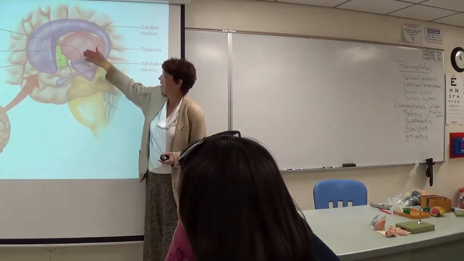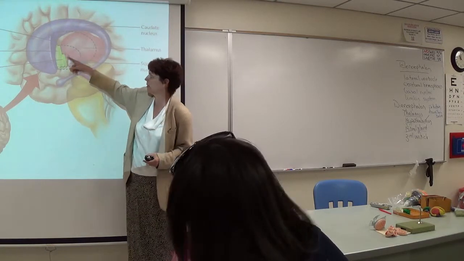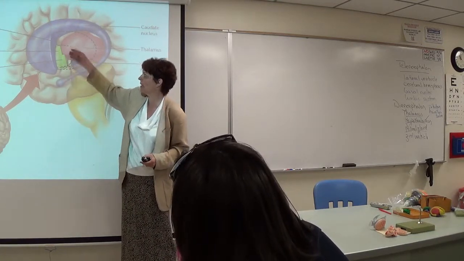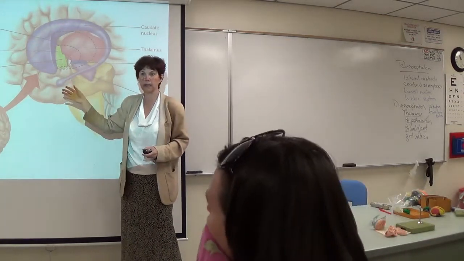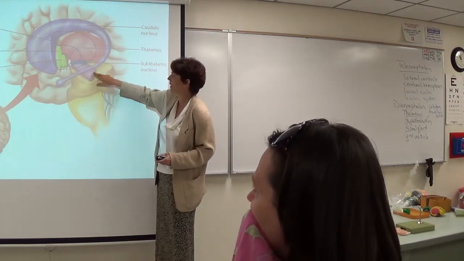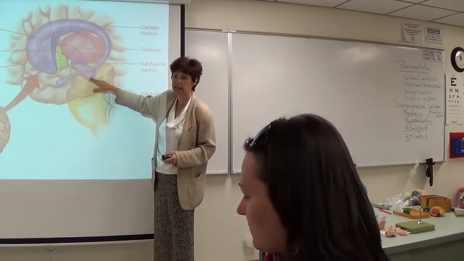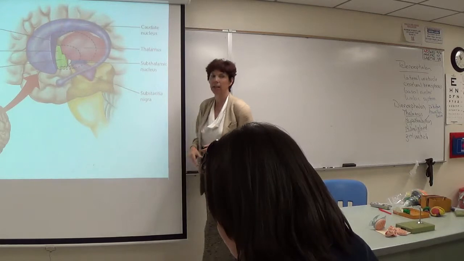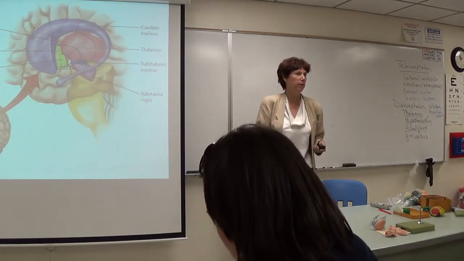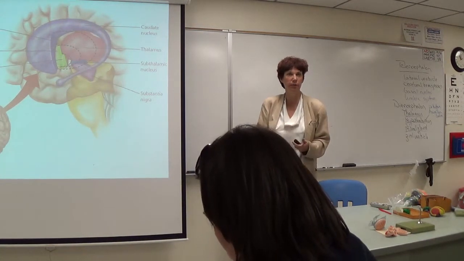And then lateral to the thalamus is going to be the globus pallidus, the putamen, and then finally the caudate nucleus. That, along with part of the midbrain, substantia nigra, and the subthalamic nucleus, for most people are the structures that are listed that form the basal nuclei.